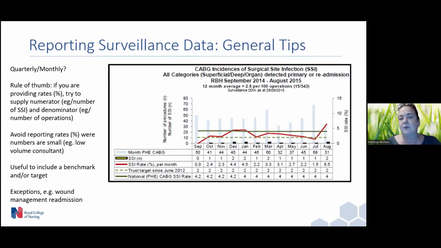For example, saying, in September, one patient was readmitted requiring VAC therapy, however, did not meet the criteria for SSI, so that people know that you're not missing things. And it makes it much easier for people who are working on the front line, who may have a different experience of the rates than you're reporting.